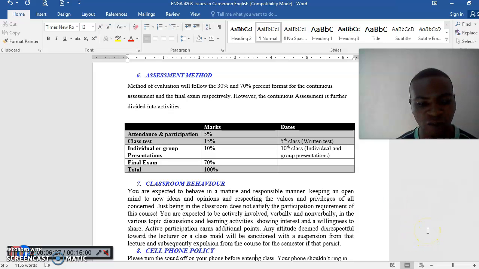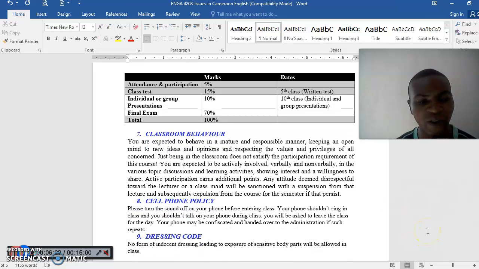Now, let's look at classroom behavior, because there are certain things I want you to understand before we even move on to the other things. You are expected to behave in a mature and responsible manner, keeping an open mind. Responsible manner is not only in classroom, even on the platform, you are expected to behave responsibly.